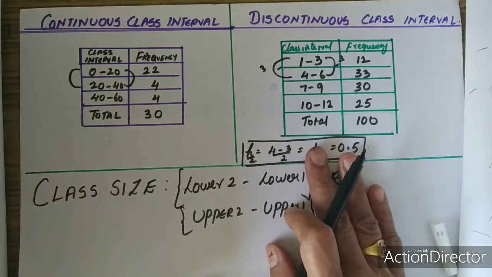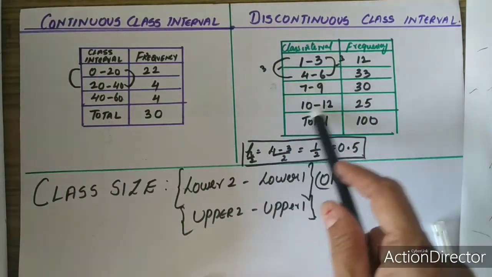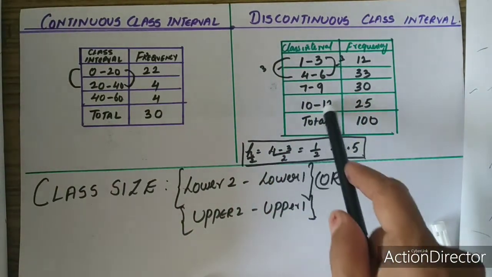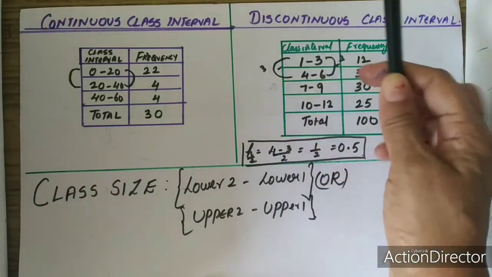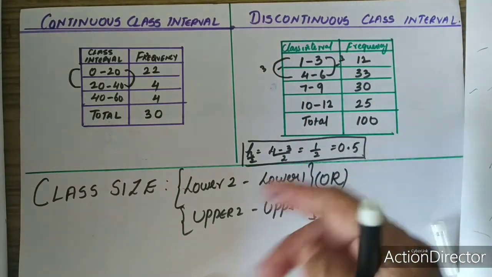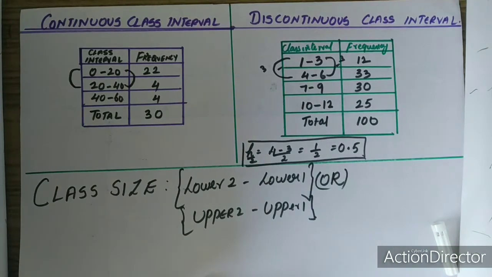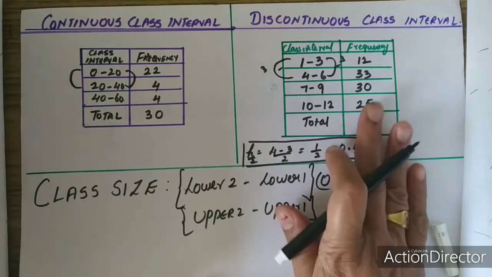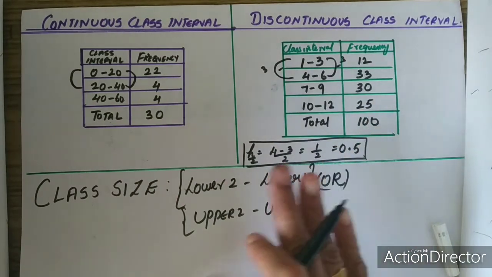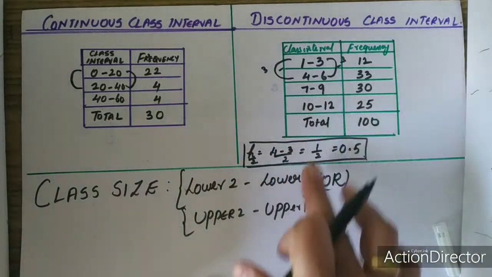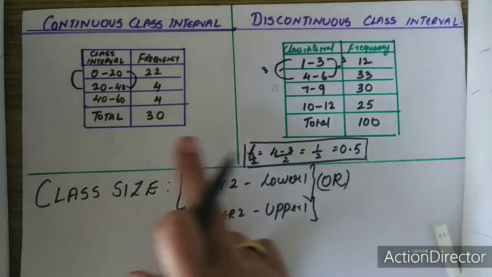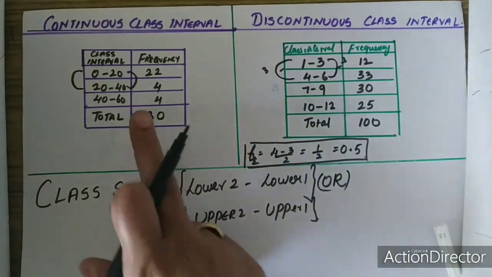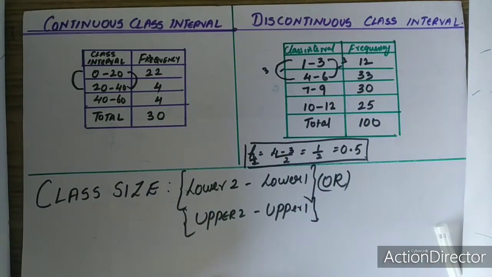This is in your 8th standard. In 9th standard, they may give you another sum where the class size varies for some groups. After moving on to different class intervals, you will see the class sizes are varying. You will learn in 9th class how to draw the histogram in that case. In 8th class, you have only this: one is continuous, the second is discontinuous. You have to understand both the class size and how to convert discontinuous to continuous.